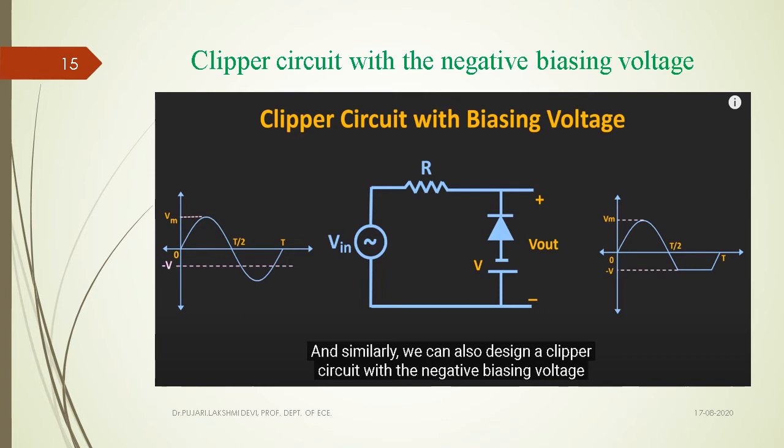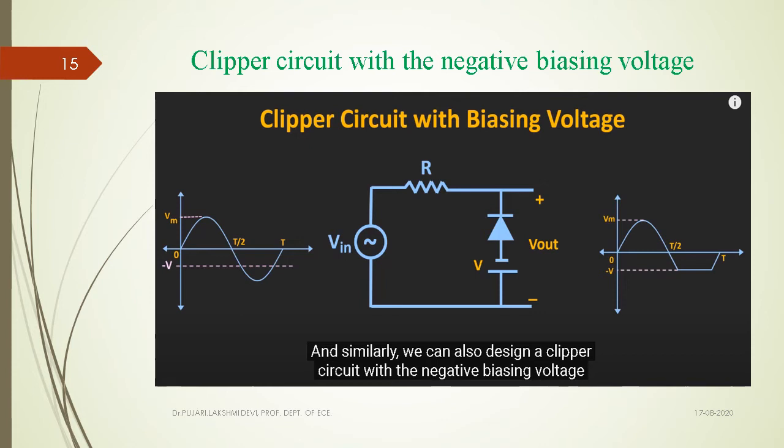The same circuit diagram, but here the orientation of the diode is also changed. The negative terminal of the supply we have connected to the anode, and the positive supply we have connected to the input voltage source. This is, as usual, the input voltage as a sinusoidal signal.